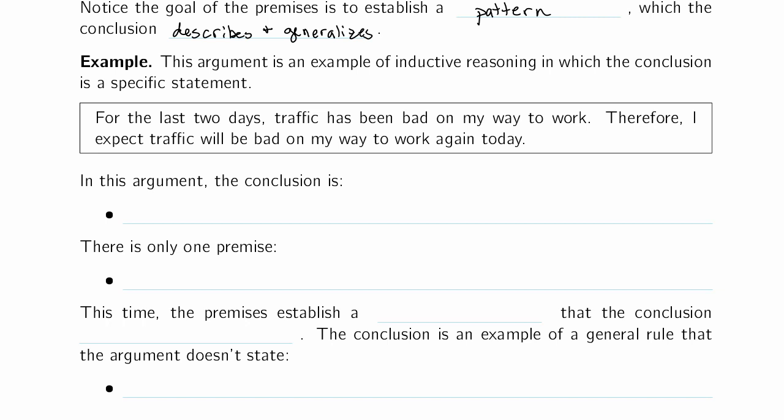So, this argument says, for the last 2 days, traffic has been bad on my way to work. Therefore, again, that therefore helping us find the conclusion, I expect traffic will be bad on my way to work today.